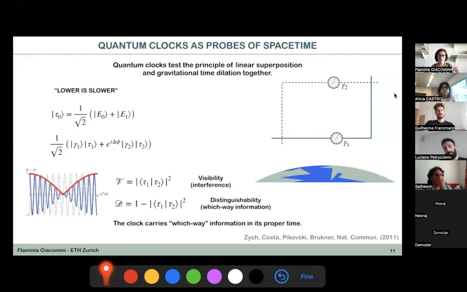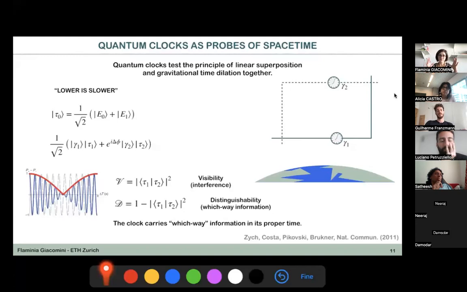So in other words, this is a thought experiment, but they are trying to do that in the lab. This is a thought experiment that takes the principle of linear superposition from quantum theory. It takes gravitational time dilation. It tests it together in a concrete scenario that is an atom interferometer, basically.